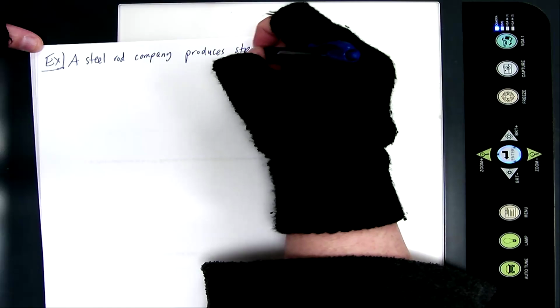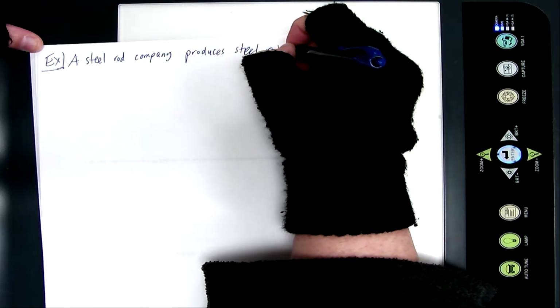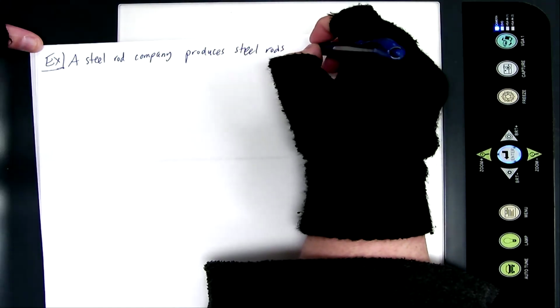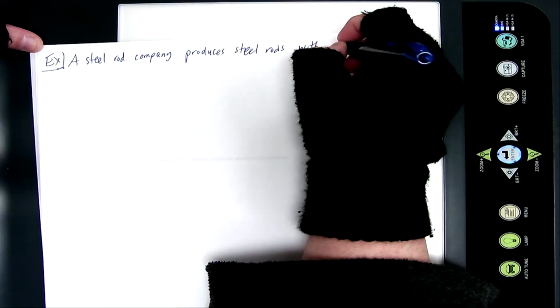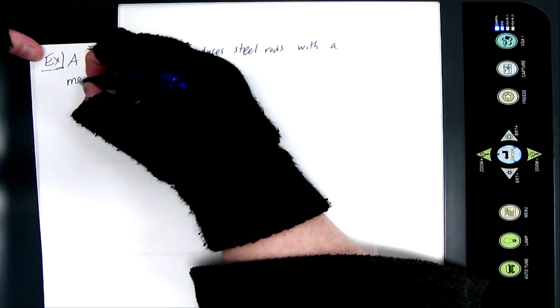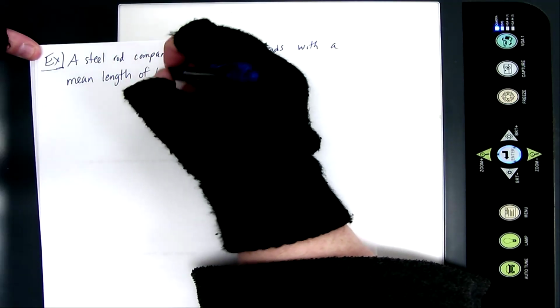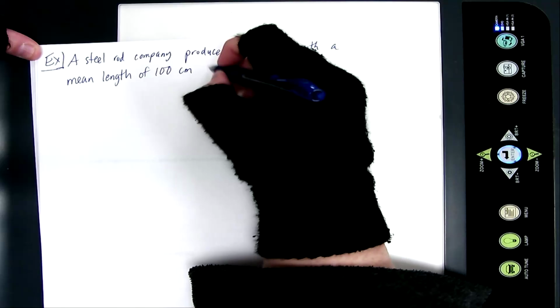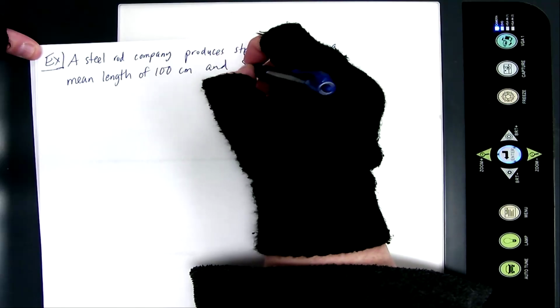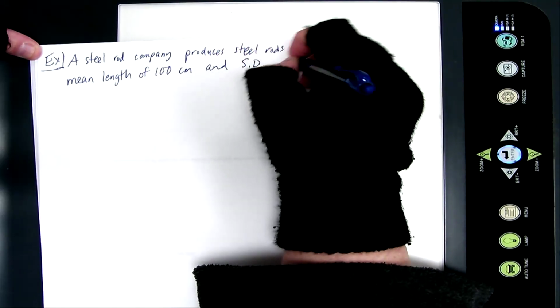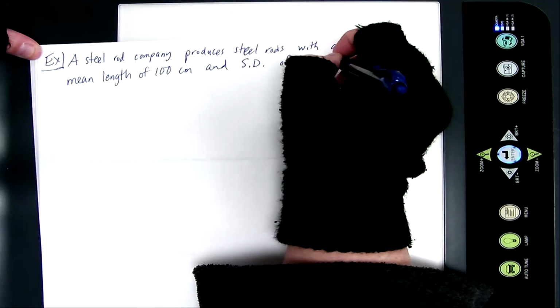Steel rods. With a mean length of 100 centimeters and standard deviation of 0.45 centimeters.